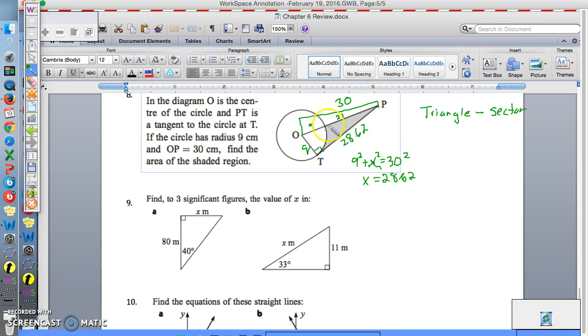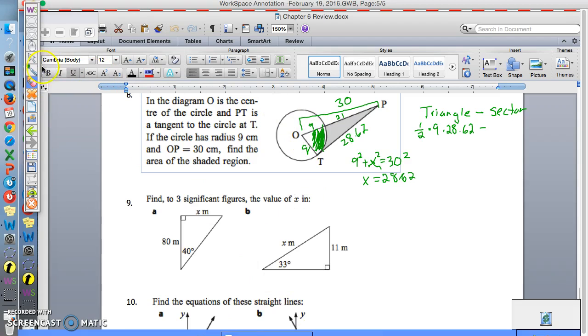So our triangle, we could do 1/2 base times height, since we have our base and height. So 1/2 times 9 times 28.62 minus, and we need the sector area. So to find that sector area, we need to know what fraction this is. So we have to find this angle right here.